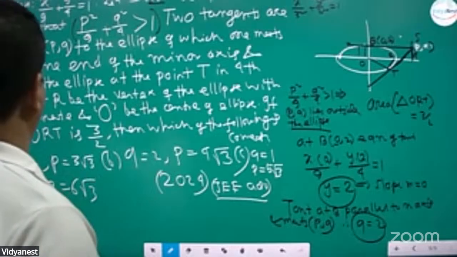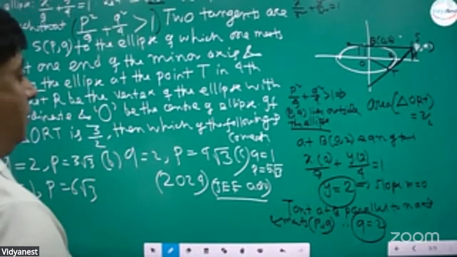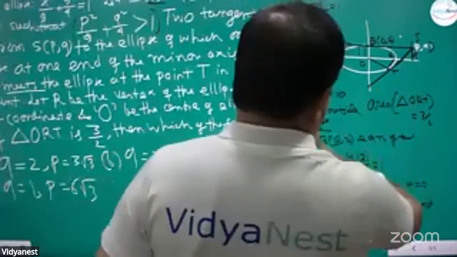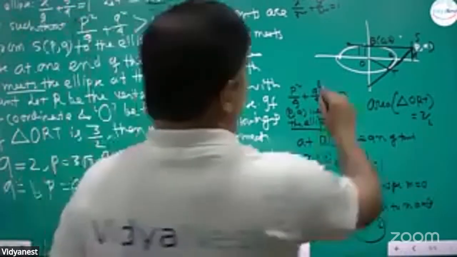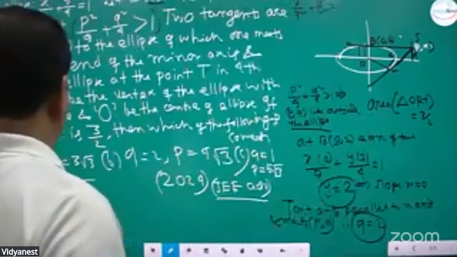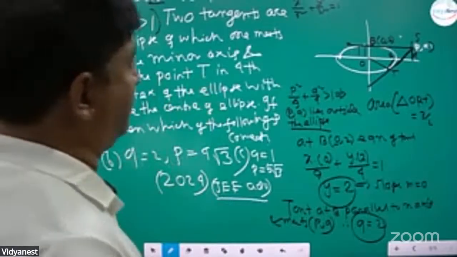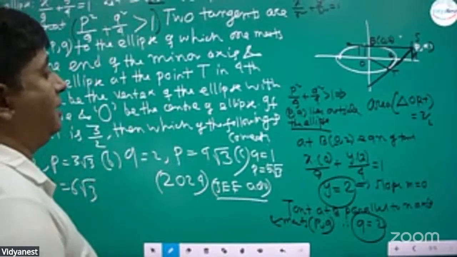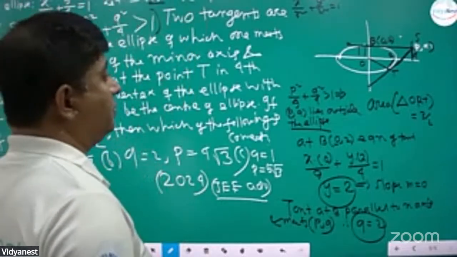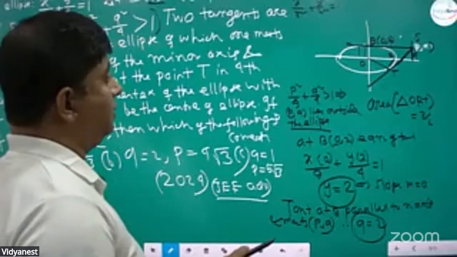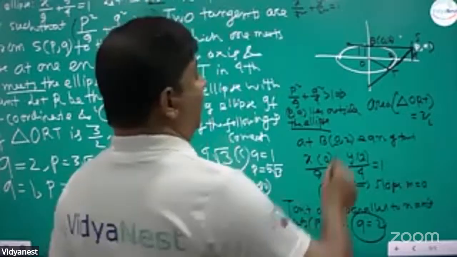Now, another tangent meets the ellipse at T. OR is known to us. Now, what is the equation of the tangent ST?